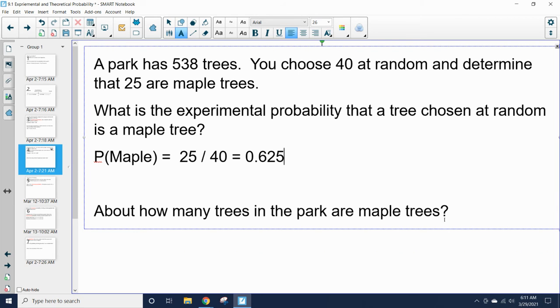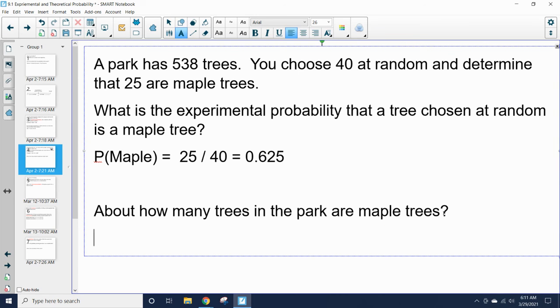Now, if we wanted to figure out how many trees in the park should be maple trees, we can once again use that decimal 0.625 and multiply it by the total number of trees in the park, which is 538. And this should tell us roughly about how many trees in that park should be maple trees, assuming we took a good sample of all of the trees in the park.